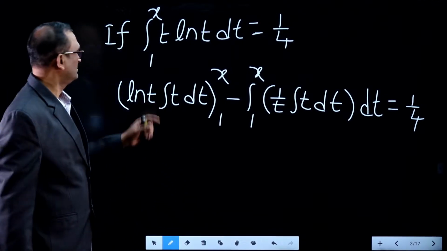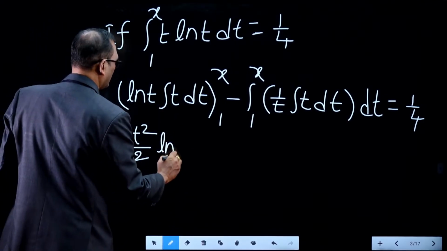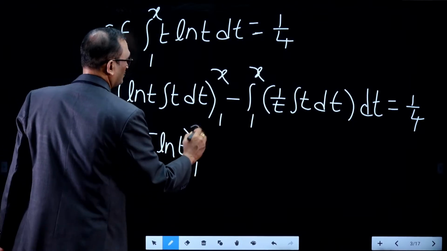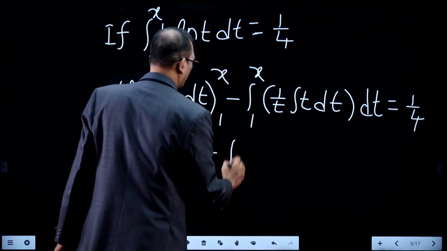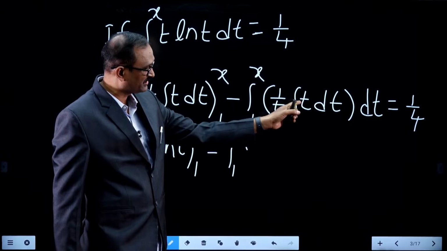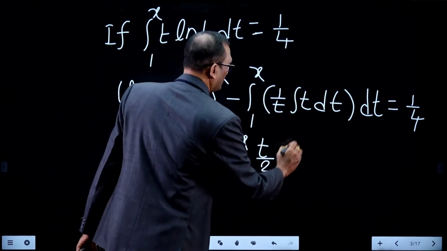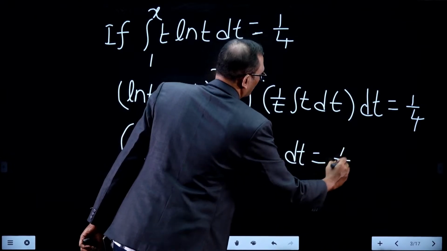Now replace integral t dt, that is t square by 2 into ln t between the limits 1 to x, minus integral 1 to x of t square by 2 into 1 by t, that is t by 2 dt, equal to 1 by 4.